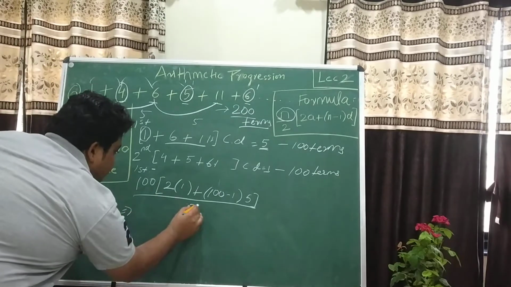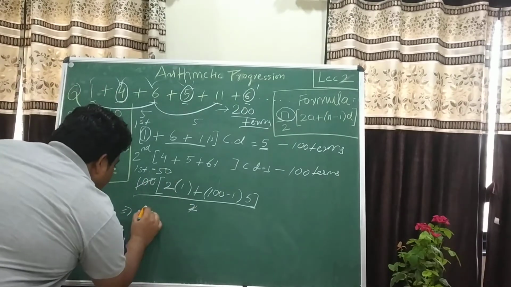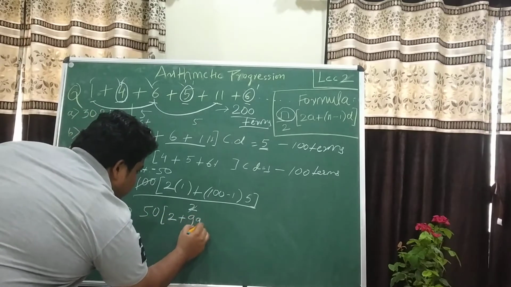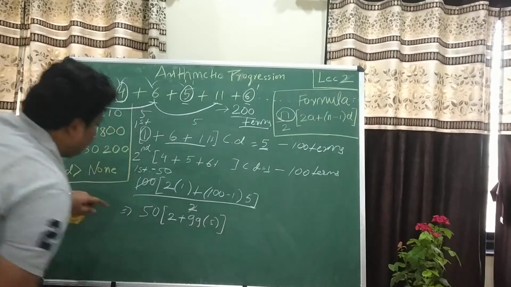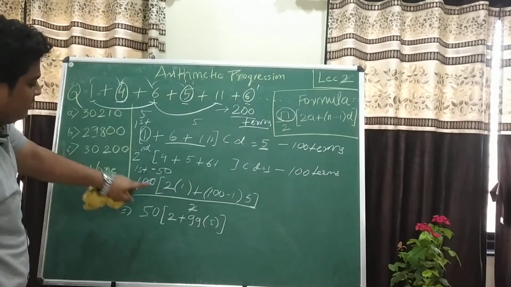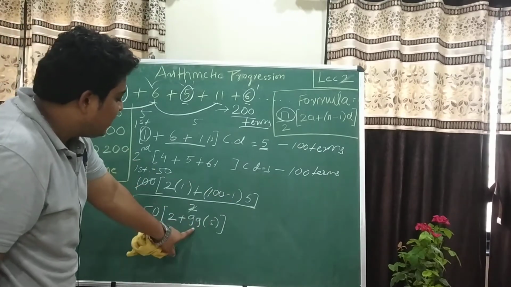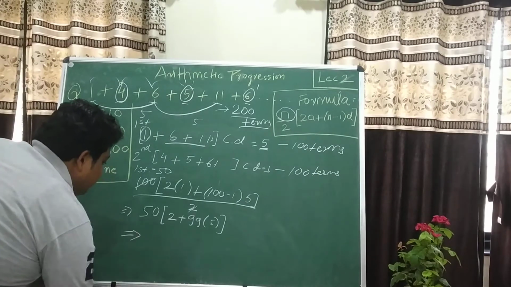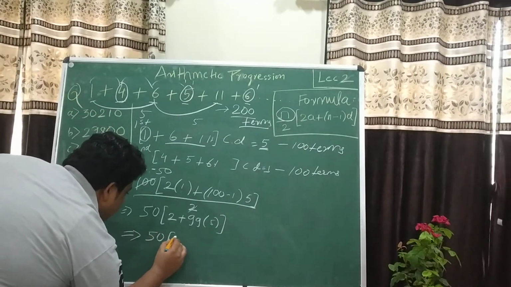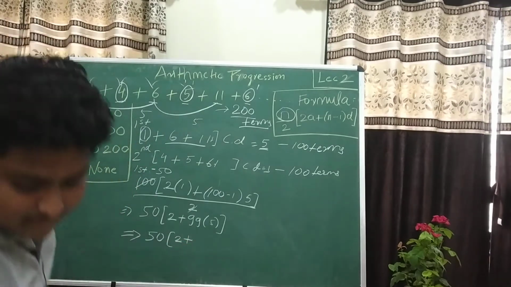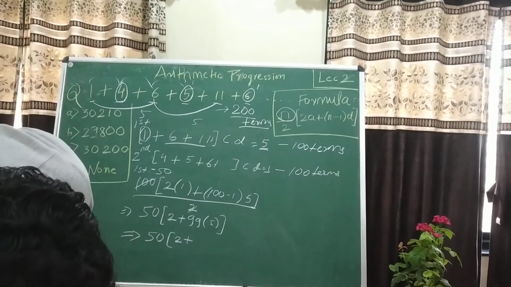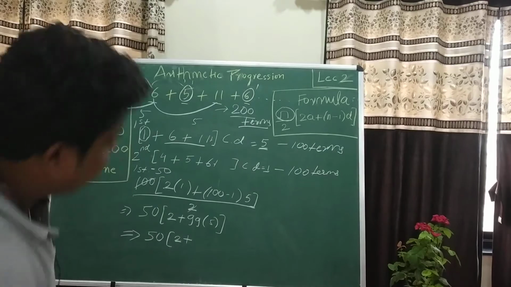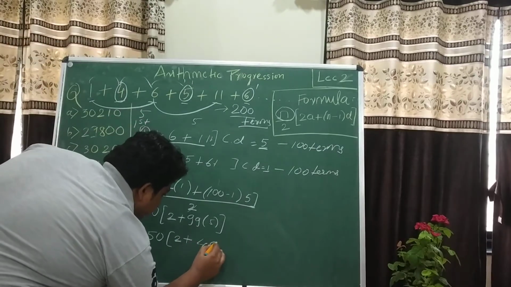So what we will get here is 50 into (2 plus 99 into 5). 2 into 1 is 2, 100 minus 1 is 99, into 5 is 495.